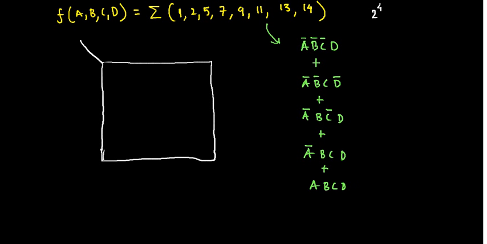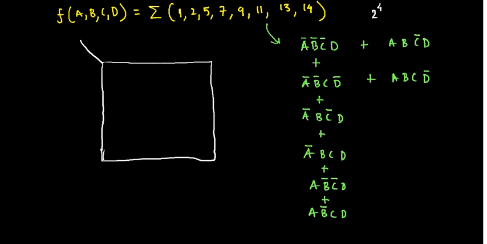So 8 is here, 9, and so on, right? So A, B, C, D. So 11 would be, okay, and what else? Plus A, B, C, D. What is this one? 13. That's it. A, B, C, D. What about 14?